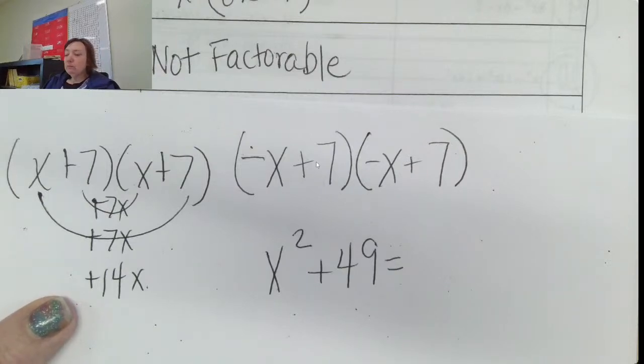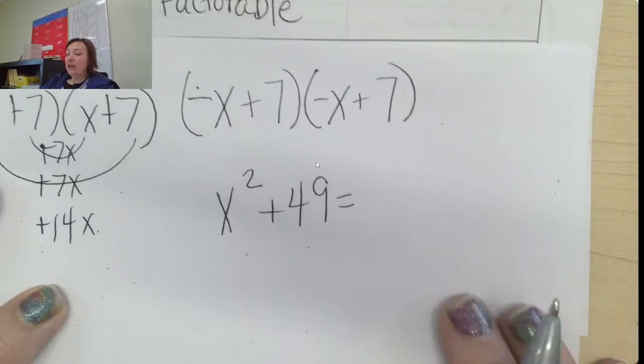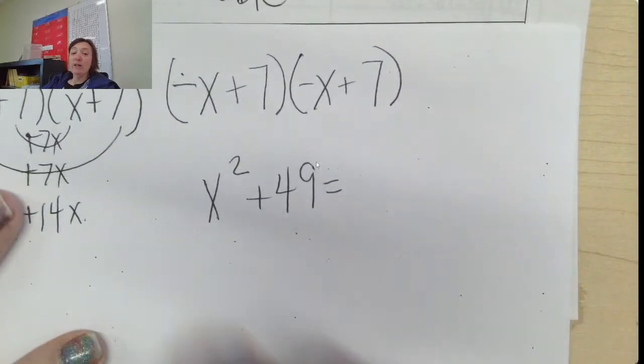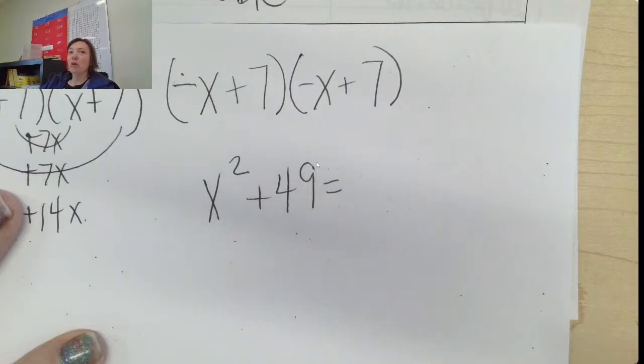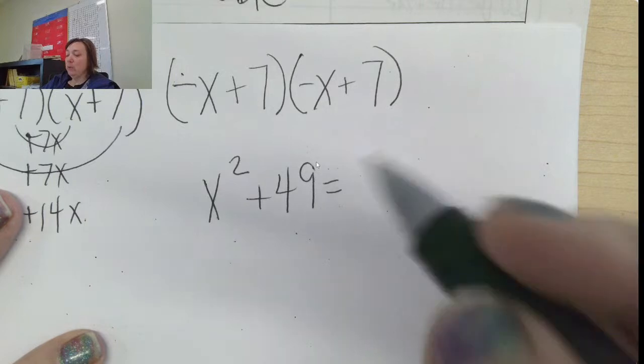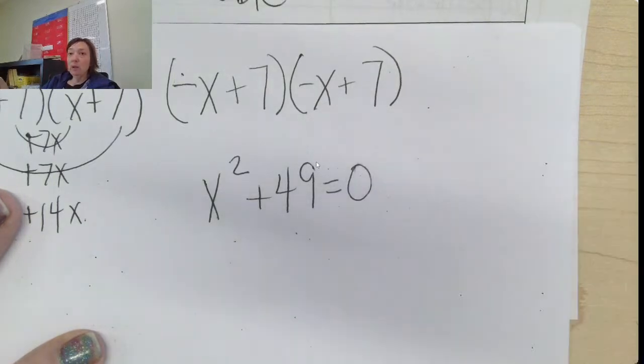So, let's say that what I told you was I want you to solve this. And when you're solving an equation, your goal is always to find the value for x. So it's x squared plus 49, and we would set it equal to 0 to be able to solve it, because you have to have an equation to solve something. We didn't have an equation until we put equals 0. Now we have an equation, okay?